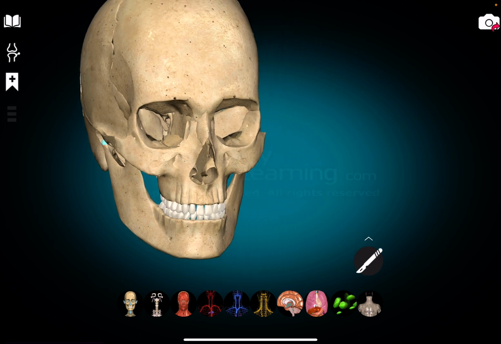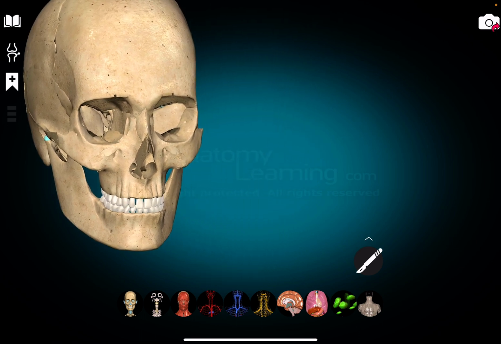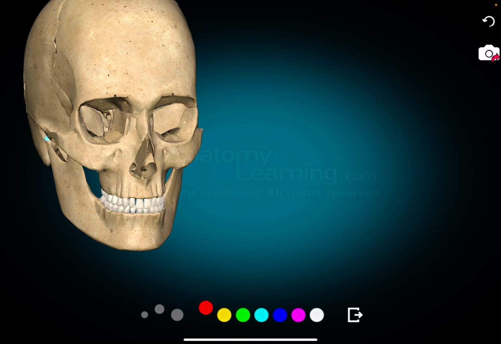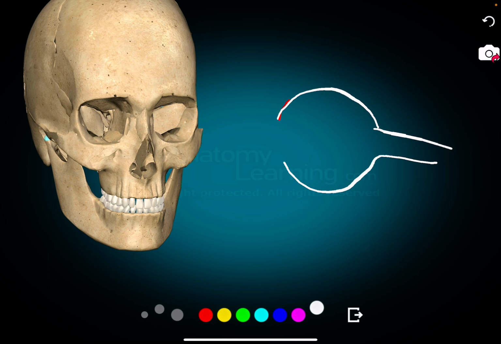So we'll make this small. We'll actually draw the eyeball. And we'll insert these muscles here.